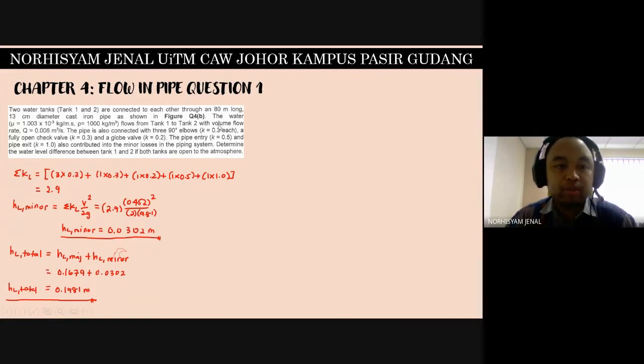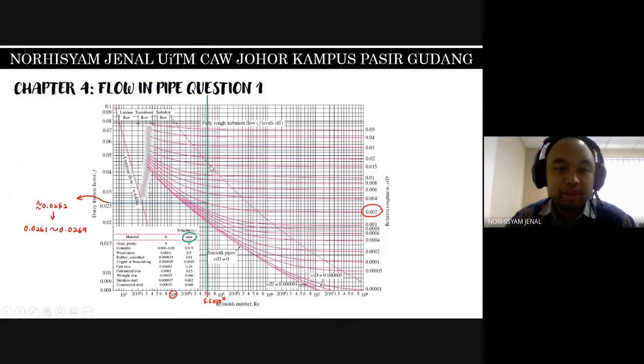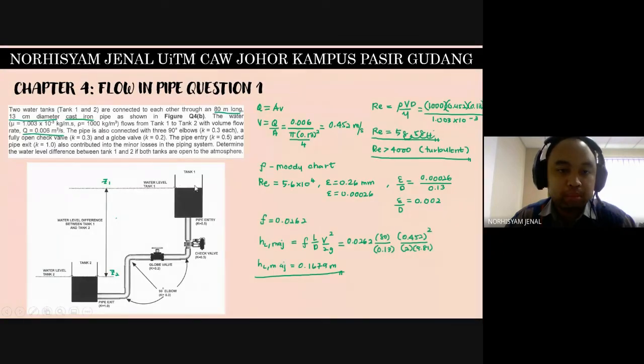Okay, so the last one, determine the water level difference between tank 1 and tank 2 if both tanks are open to the atmosphere. Here again the question, both tanks are open to the atmosphere. Okay, so Z1, Z2 is here.